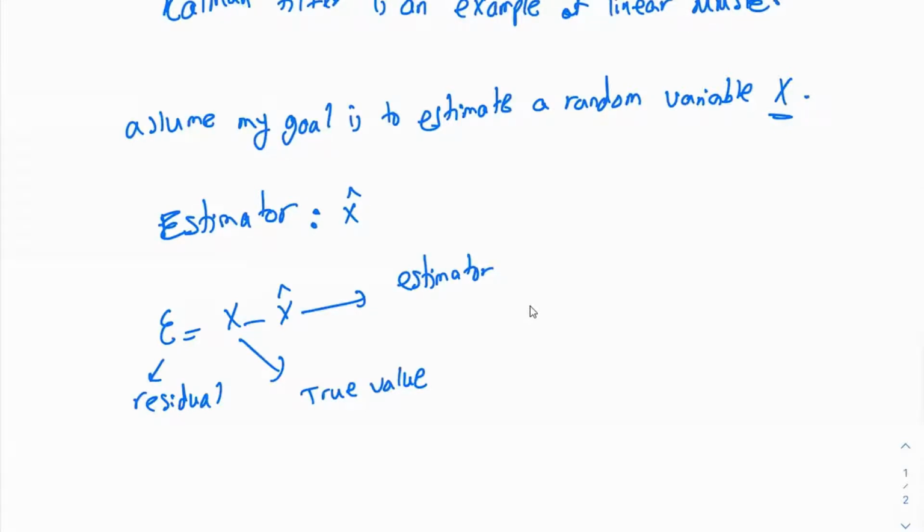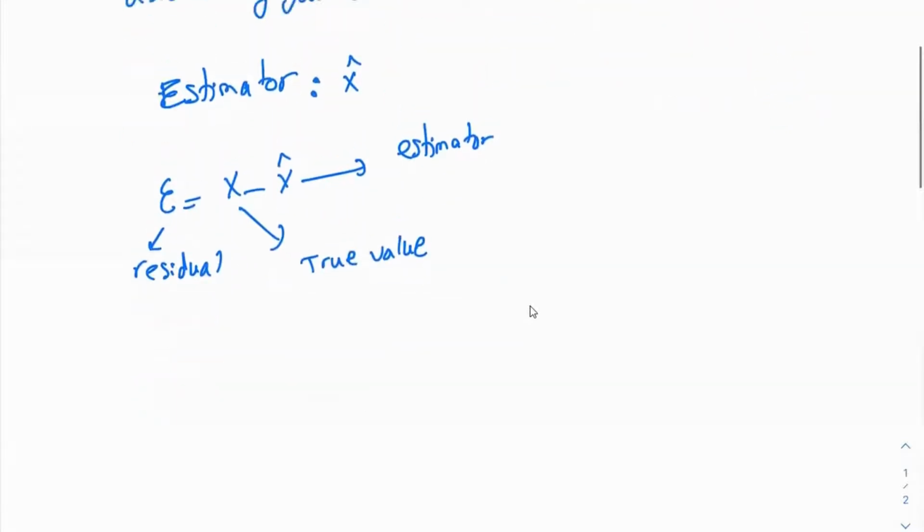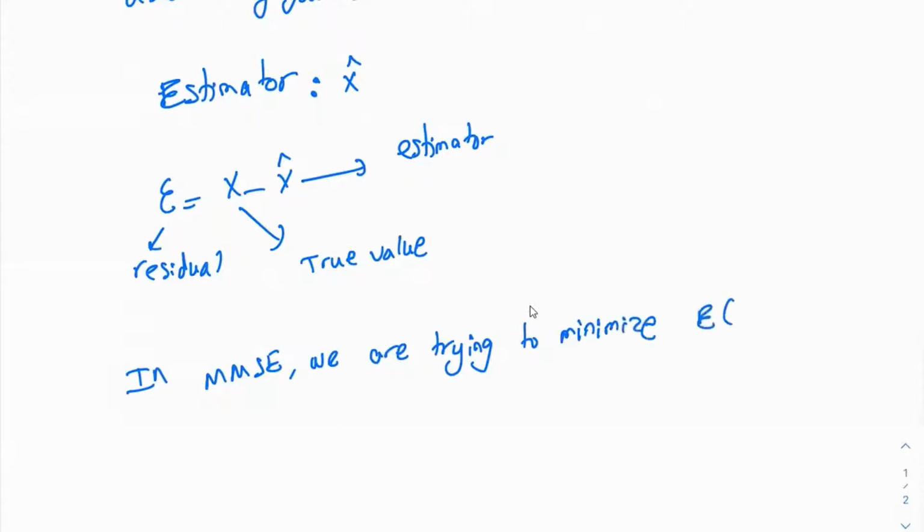So in MMSE, we are trying to minimize the expected value of the residual square. This x is a random variable, and therefore epsilon is a random variable, so it has an expected value.